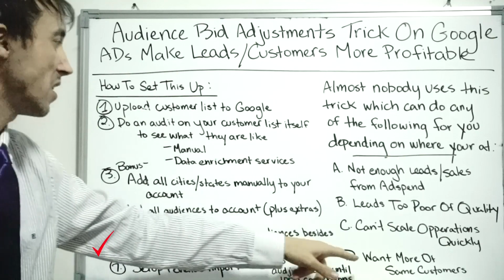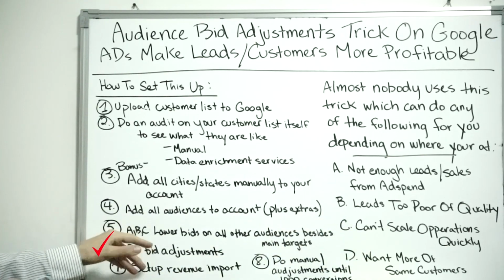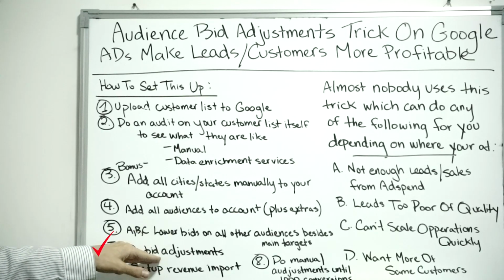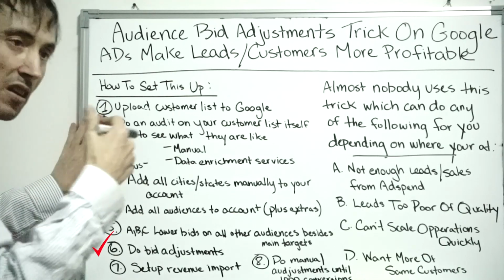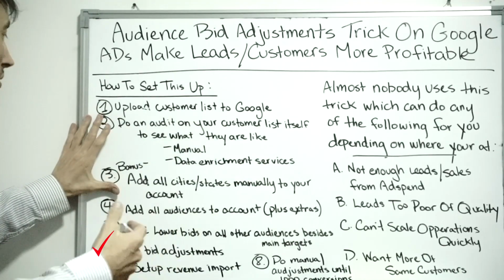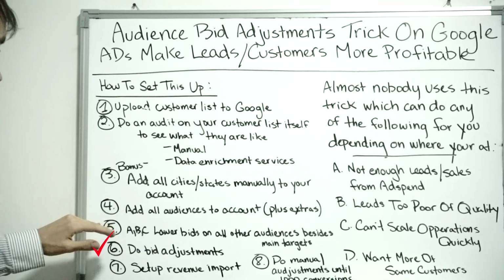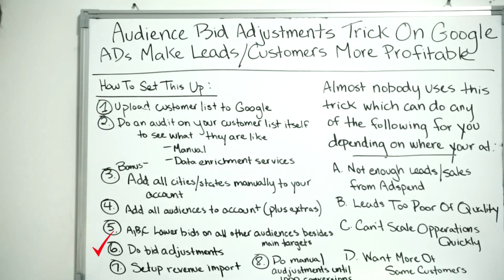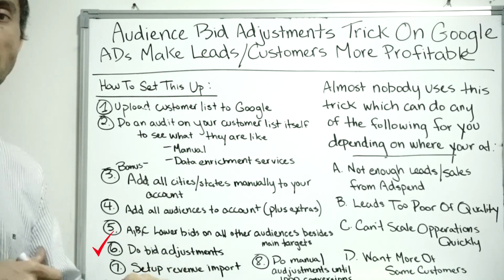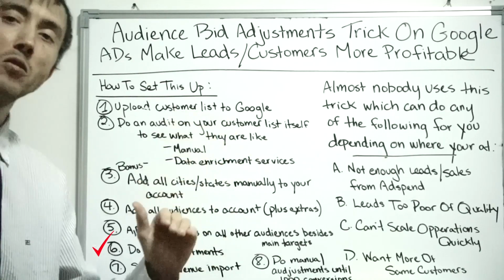If you're talking about D, where you want more of the same customers, to start out you add all your audiences in there, whether search or display campaigns, matching all the traits that make your customers unique. You do a plus 200% bid adjustment on those, and on the random traits that didn't match your customers, you do a negative 200% bid adjustment.